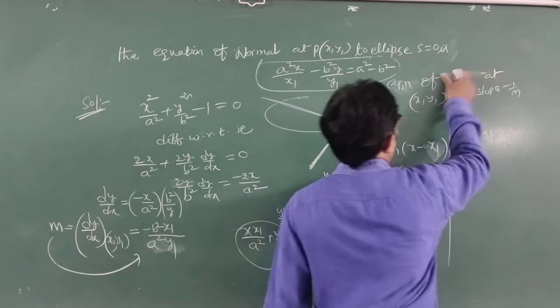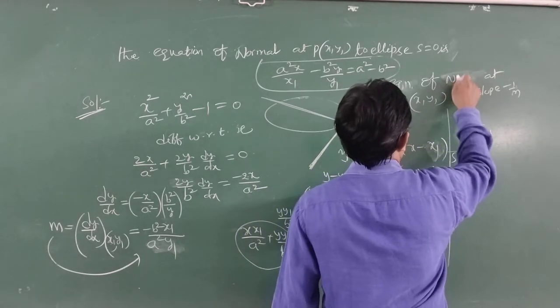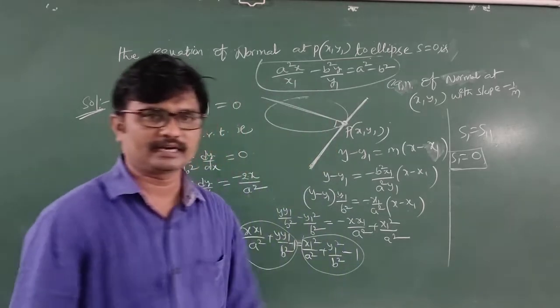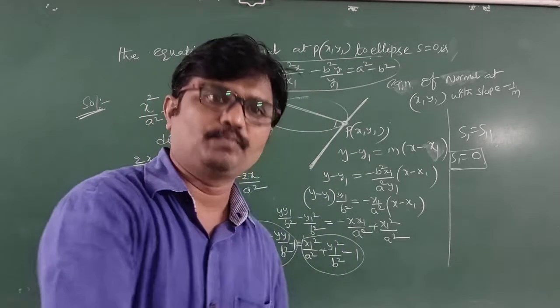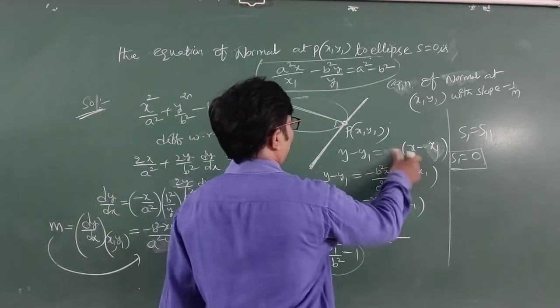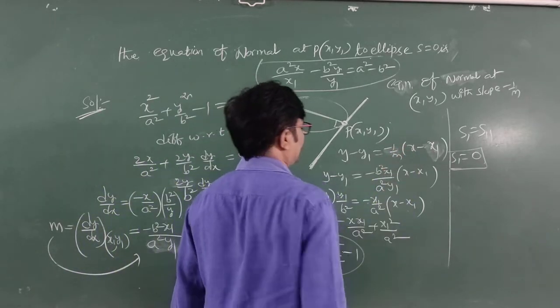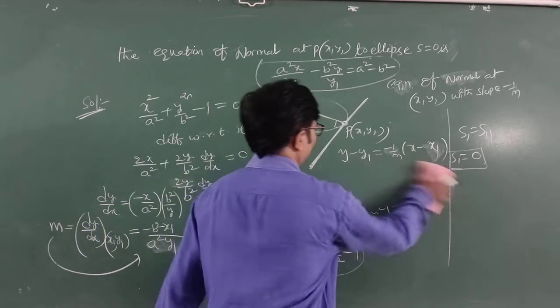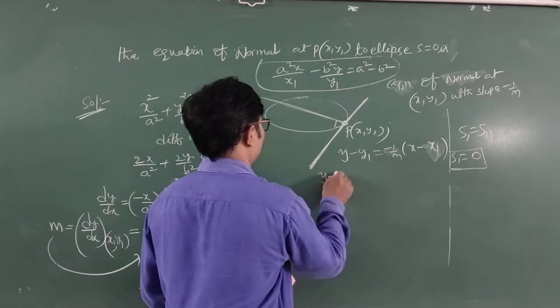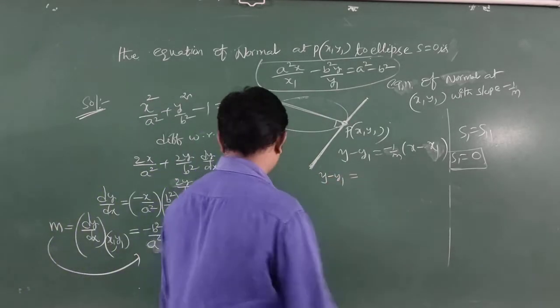The normal is a line segment perpendicular to the tangent at the point P. So the equation of the normal is y minus y1 equal to minus 1 by m times (x minus x1).